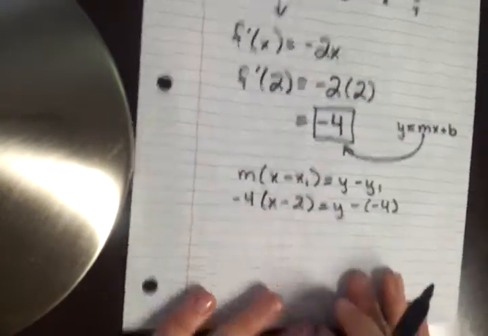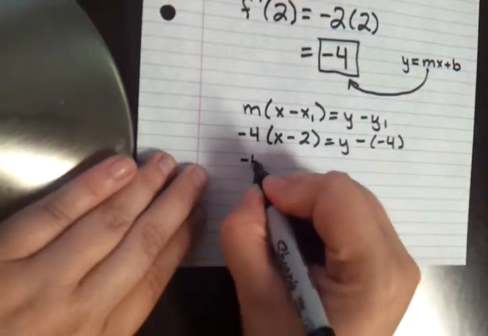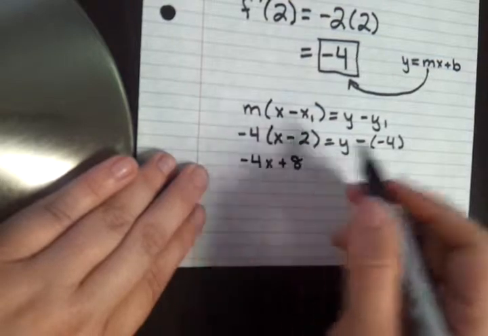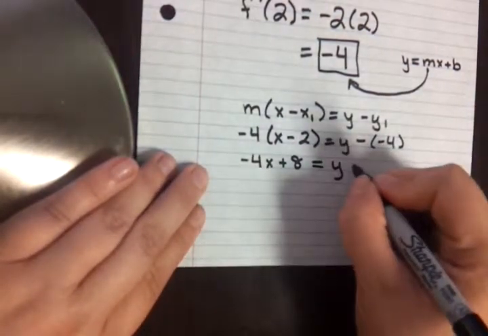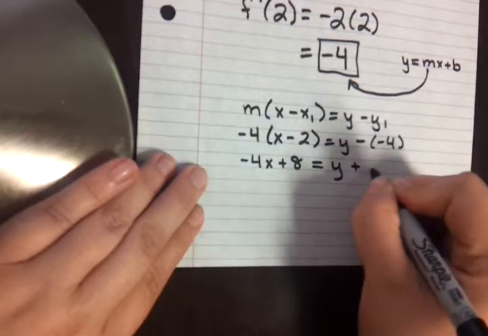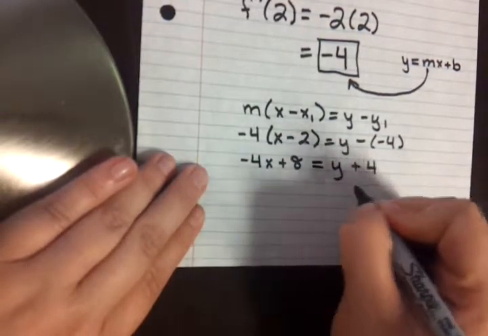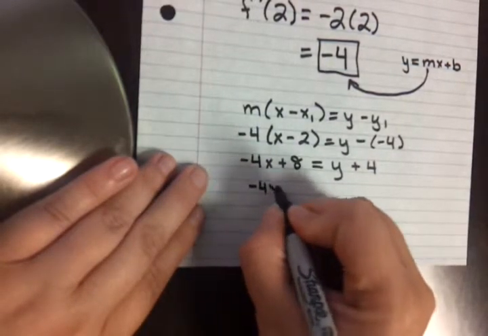All right. So we can just kind of start solving things here. Negative 4x plus 8, I just kind of distributed the negative 4, equals y minus a negative 4 is plus 4. And so if I want to bring this over so that I have y on one side by itself, I'm going to get negative 4x.